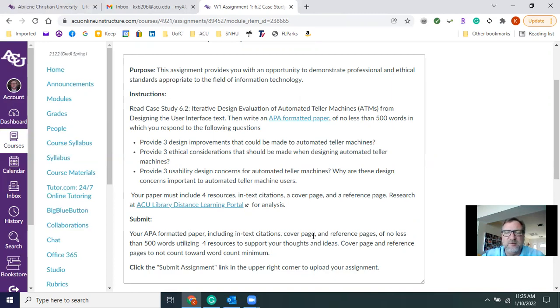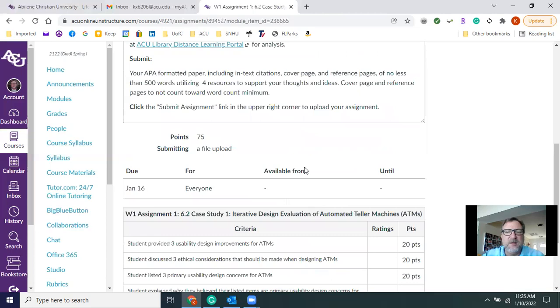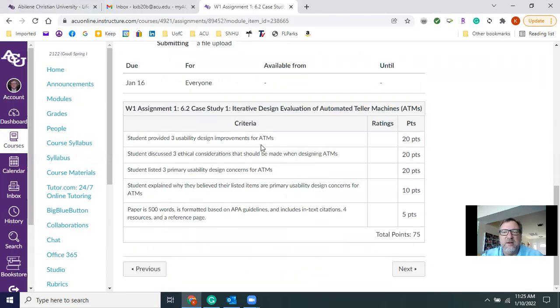Make sure you're following the requirements, including APA format, 500 words, and number of references. I go straight by the rubrics when I'm grading a paper, so make sure you're meeting them: that you provide 3 usability design improvements, discuss the ethical considerations, and of course use APA format.